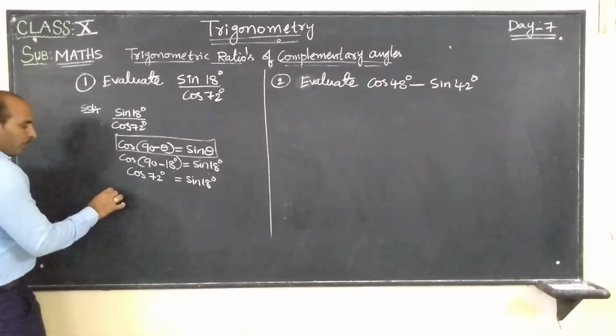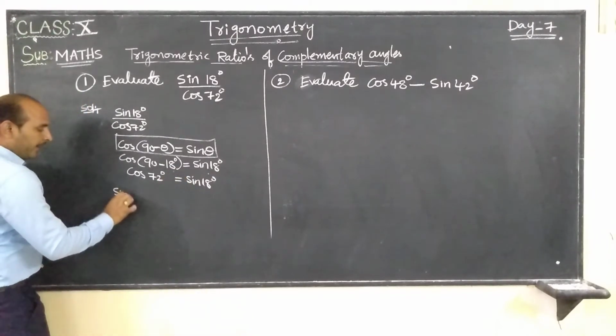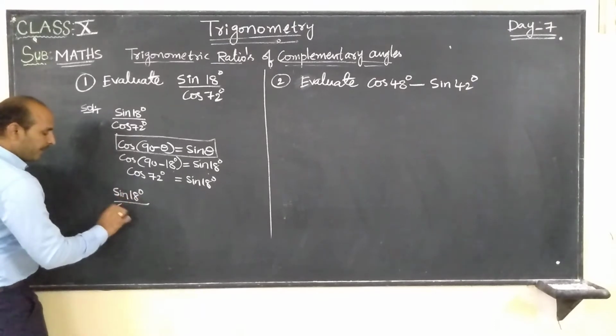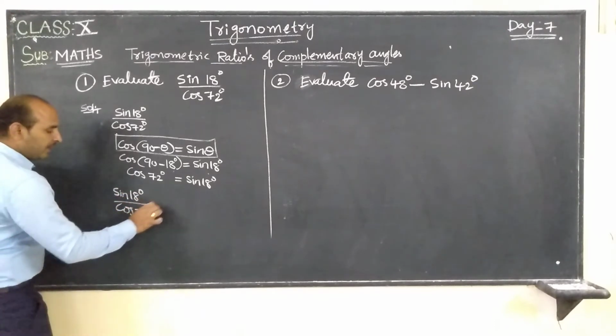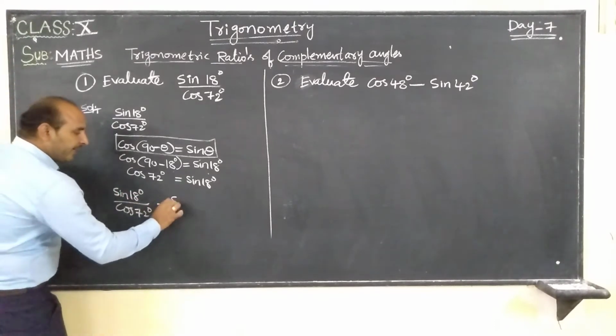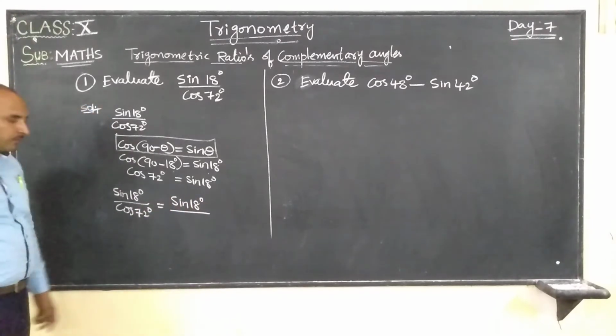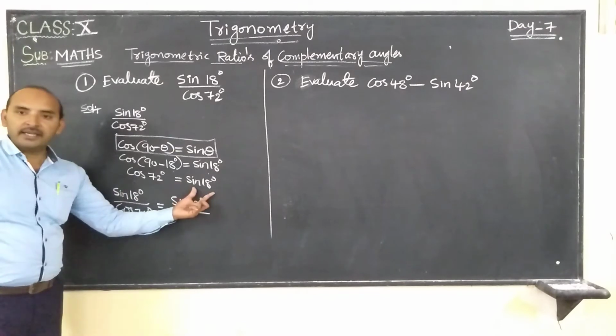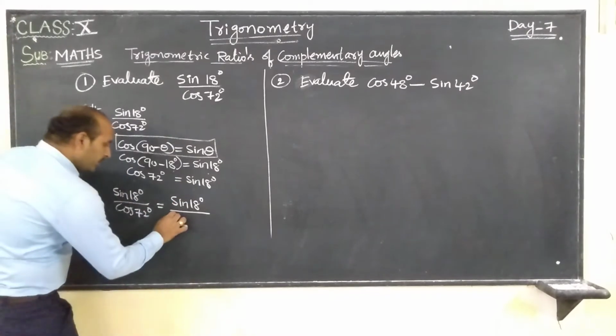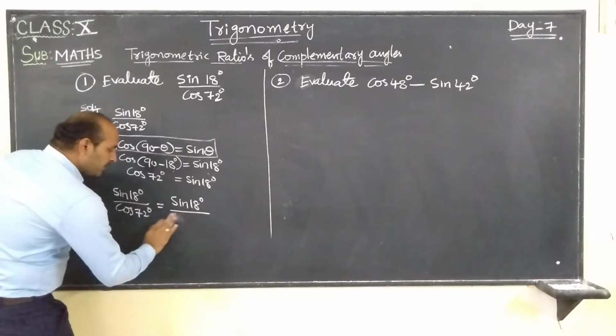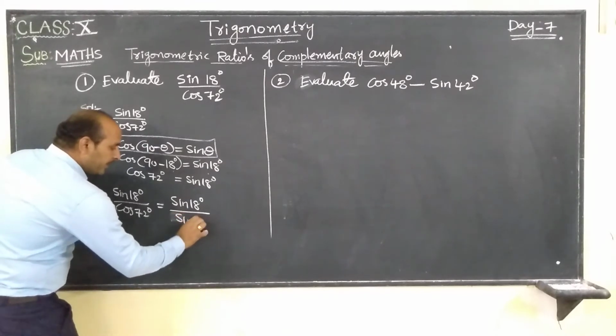Now sin 18 degrees divided by cos 72 degrees: cos 72 degrees is nothing but sin 18 degrees.